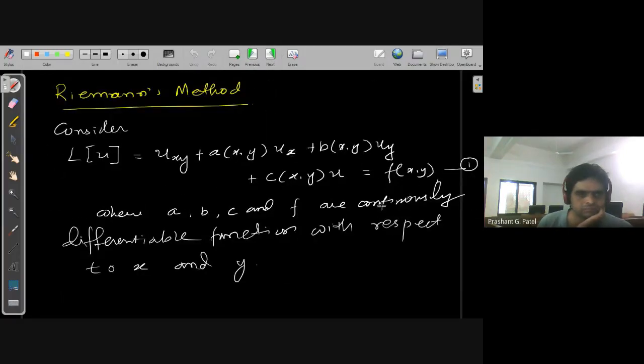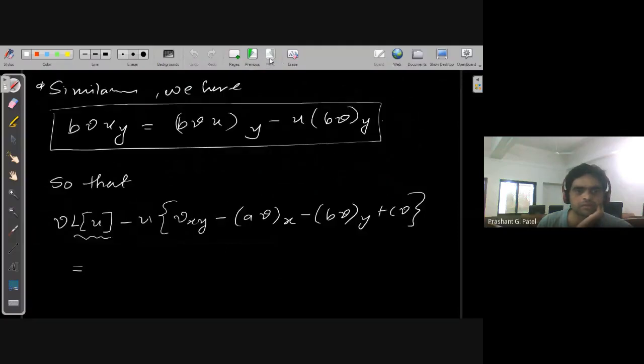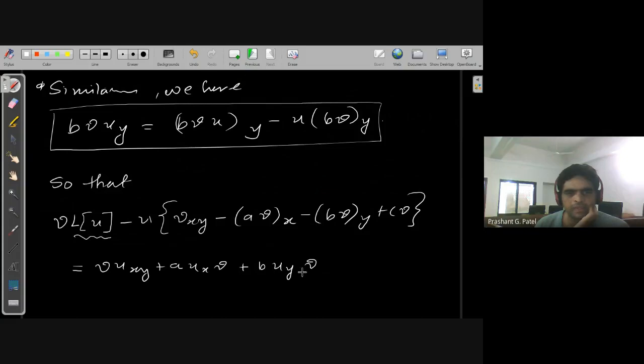AU is this, that is U_xy plus A into U_x plus B into U_y plus C into U. Okay, so let us substitute that value here, and it will multiply with V. So we have it as V into U_xy plus A into U_x V plus B into U_y V plus CUV. And here it is of minus sign.